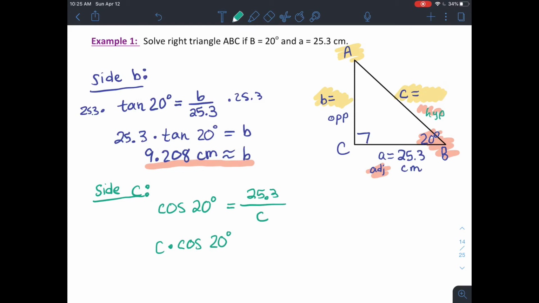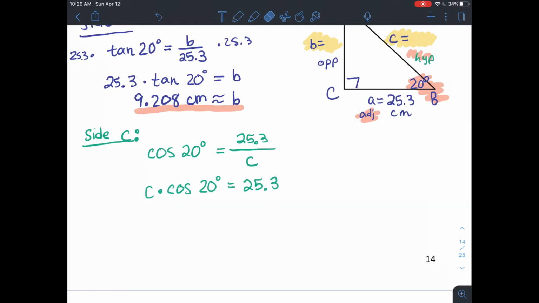Now I have to multiply by C to get it out of the denominator. And then to solve for C, I'm going to have to divide both sides by cosine of 20, which is going to give me, if I punch it in a calculator again, approximately 26.924 centimeters for side C.